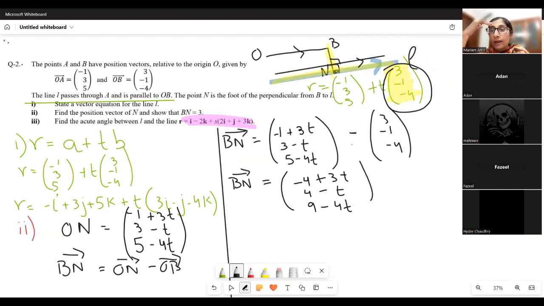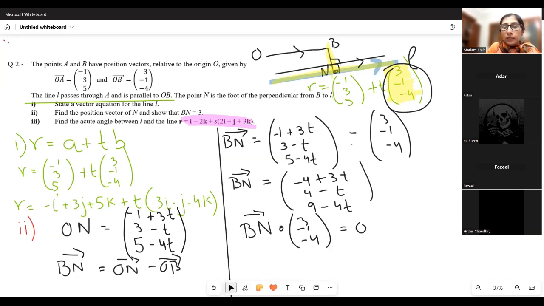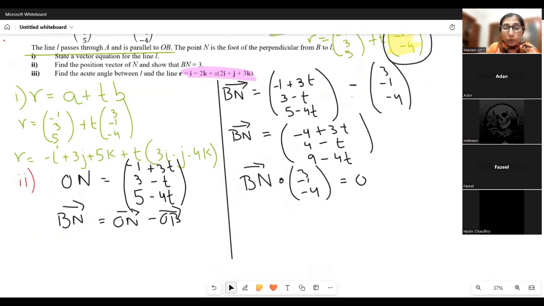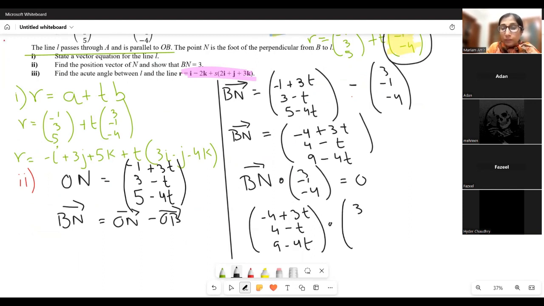So BN and the direction vector will also have a dot product of 0. Now we have BN in terms of t, and the direction vector (3, -1, -4) is not in terms of t, so we'll easily be able to find the value of t. So the dot product of these two: (-4 + 3t, 4 - t, 9 - 4t) dot (3, -1, -4).